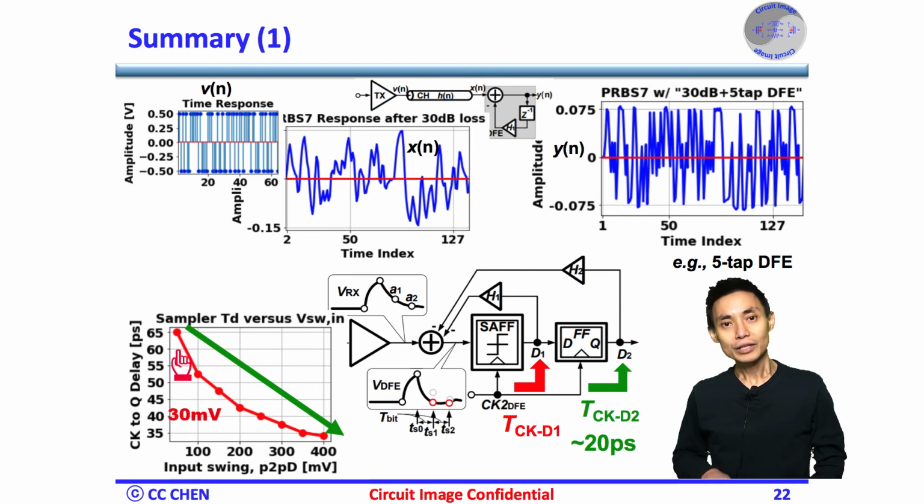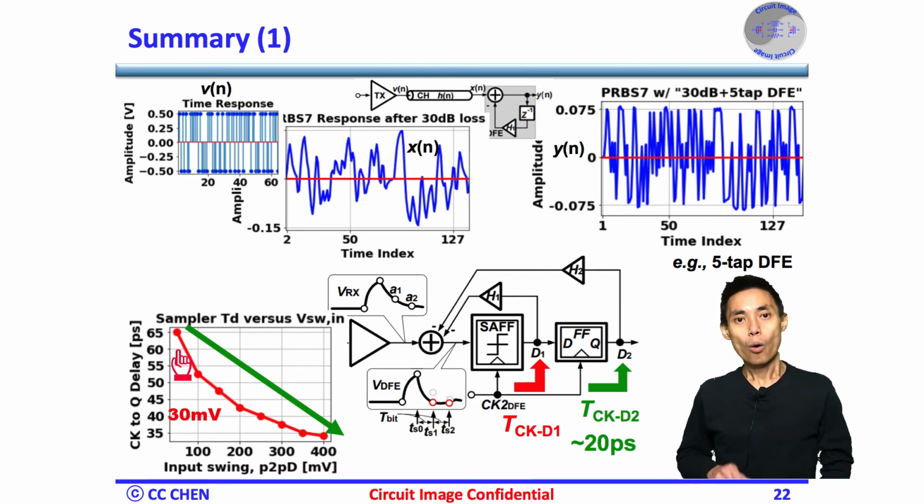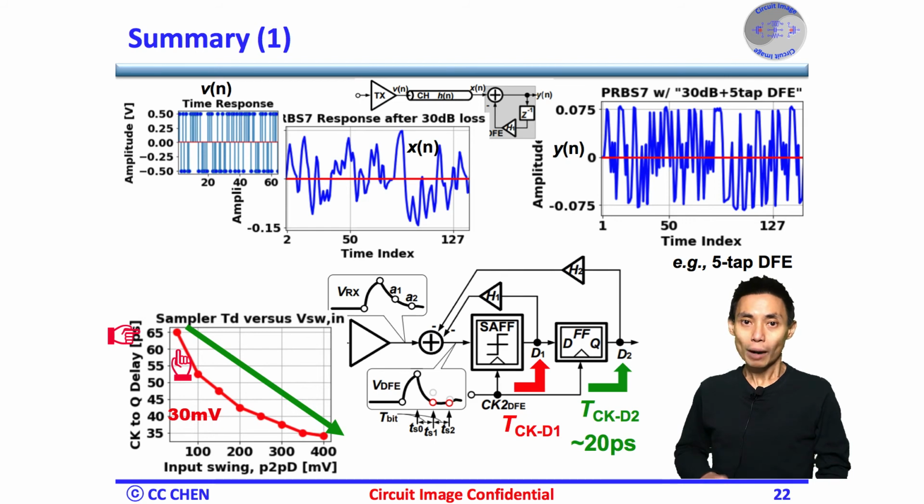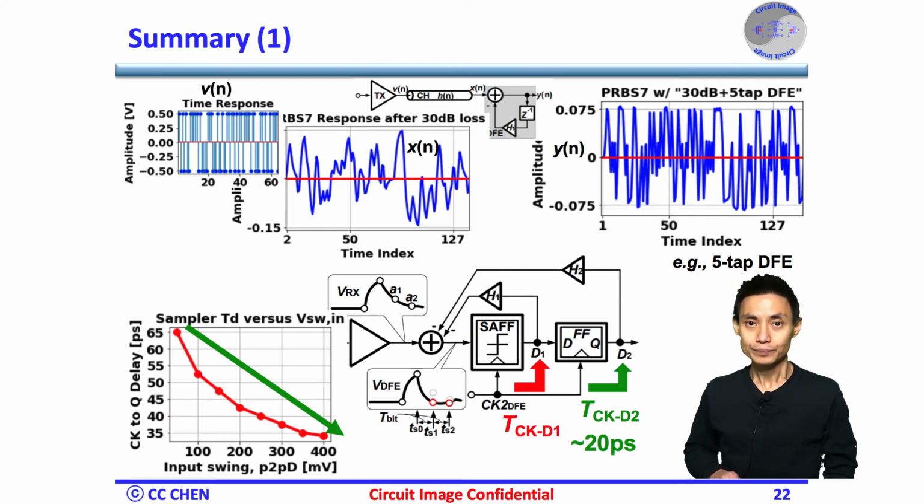Unfortunately, the 30 mV here has a side effect we've discussed, which is the sampler's input swing sensitivity. With the 30 mV input, the delay could be 65 picoseconds or even longer, which means that does not meet the DFE's first tap 1 UI timing requirement in a real circuit at 10 gigabit per second.